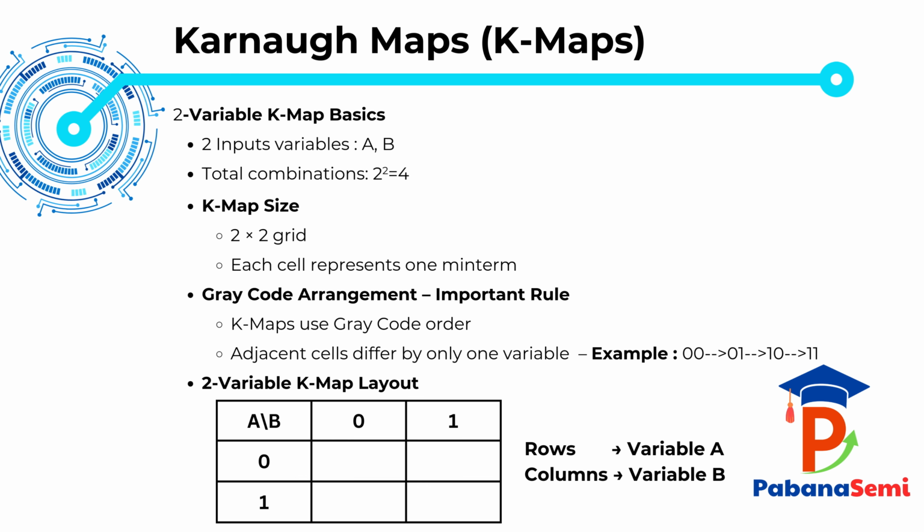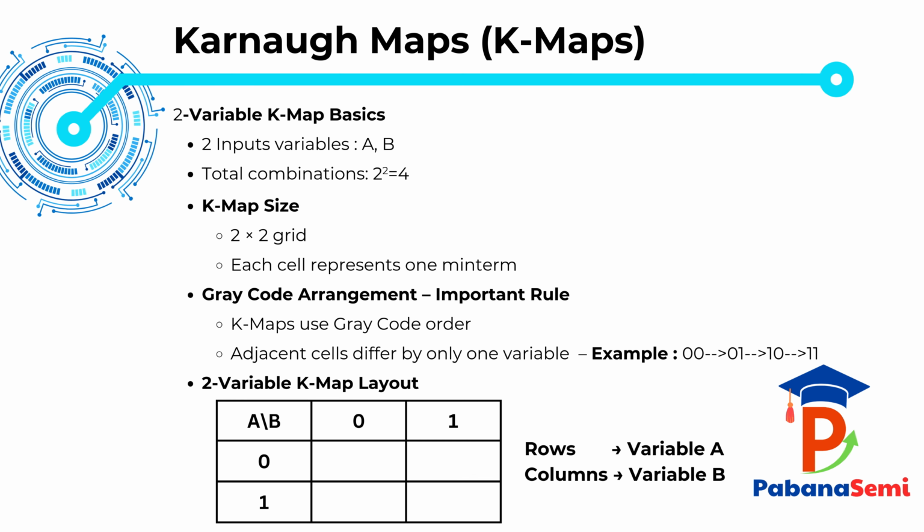K-map size. Because there are 4 input combinations, the 2-variable K-map is arranged as a 2x2 grid. Each cell in this grid represents one minterm from the truth table. So every possible input combination of A and B has exactly one corresponding cell in the K-map.